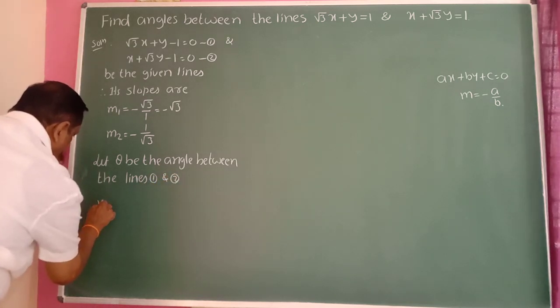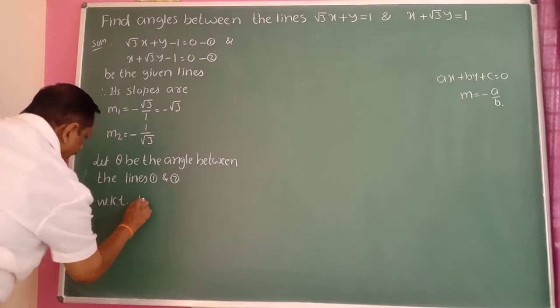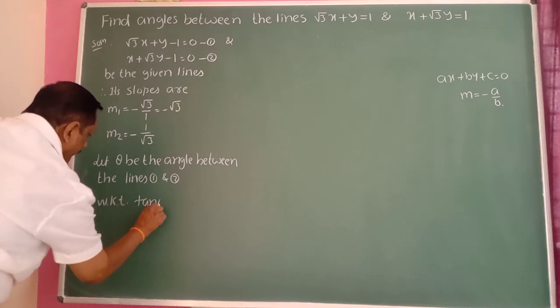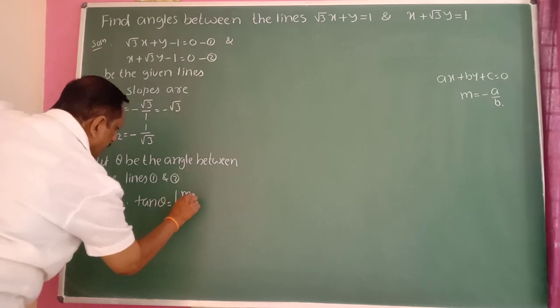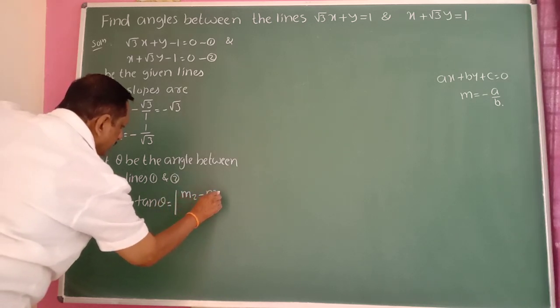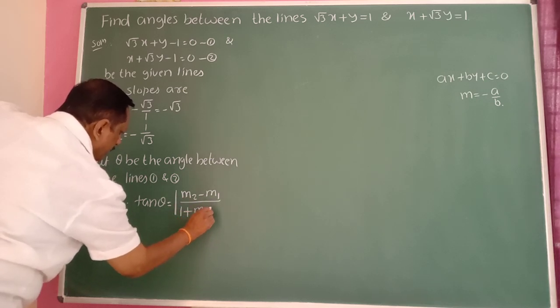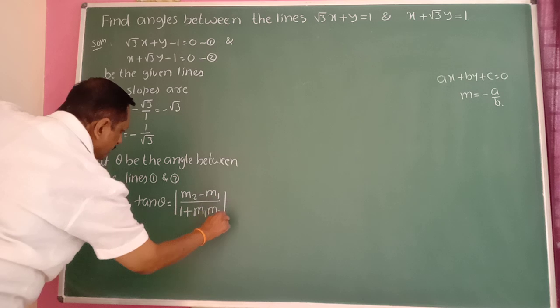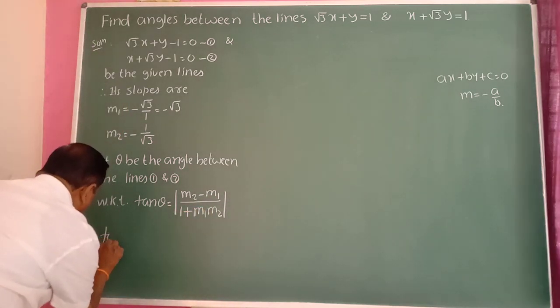Therefore, we know the formula for the angle between the lines is given by tan theta equal to modulus of (m2 minus m1) divided by (1 plus m1 into m2). Okay, this is the formula.